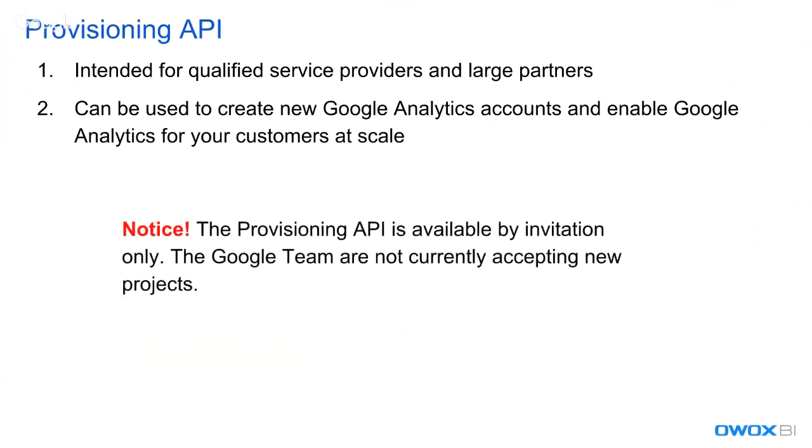But currently the Google Analytics team is not accepting new projects for this API, so you can't use it because it's closed. Only if you already have access to this API can you use it.